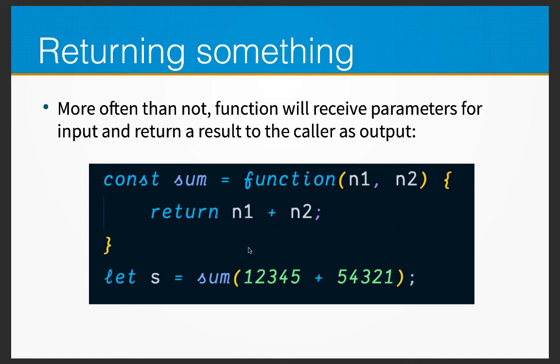And so the value of the sum is what is assigned to this variable s. The variable s is initialized with what? With the return value of the function sum, with what the function sum returns after its invocation.